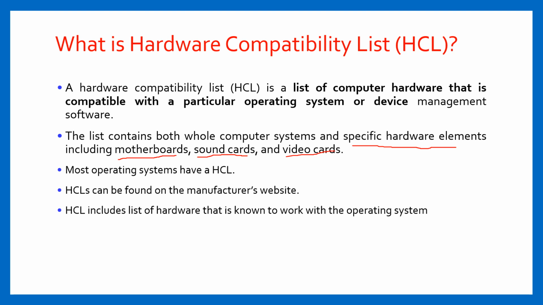Some of the key points are, most operating systems will have an HCL. Where can you find the HCL, that is the hardware compatibility list? You can find it on the manufacturer's website. This website will give the list of hardware that is known to work with the operating system.